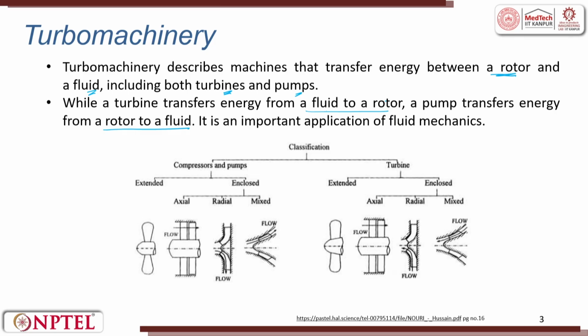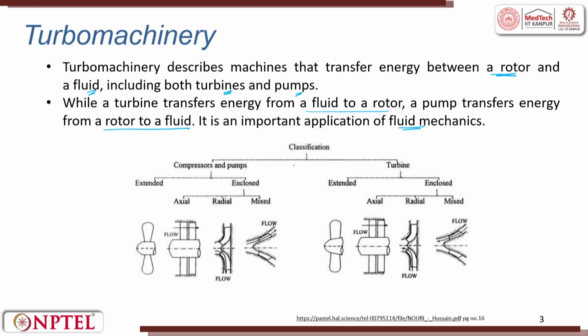From there they try to generate energy. So, in pumps, the electricity is given to the pump, it rotates, there is a rotor which rotates, which tries to pressurize the fluid or take the fluid from a lower level to a higher level. It is an important application of fluid mechanics where both turbines and pumps are used.